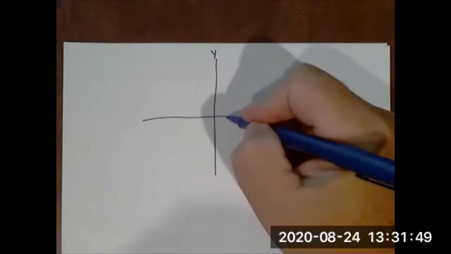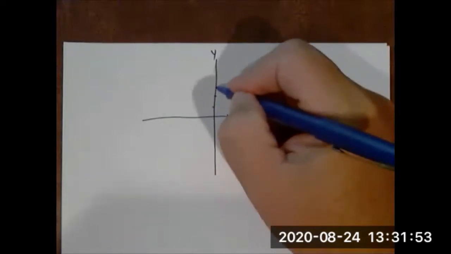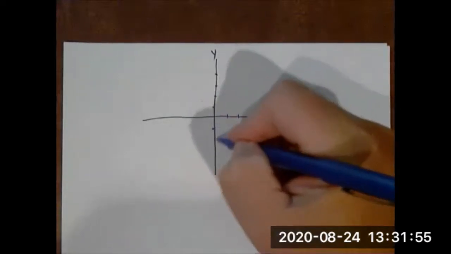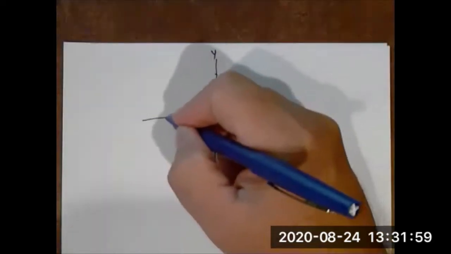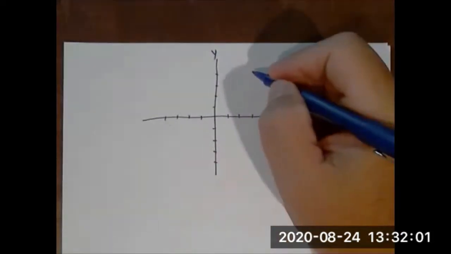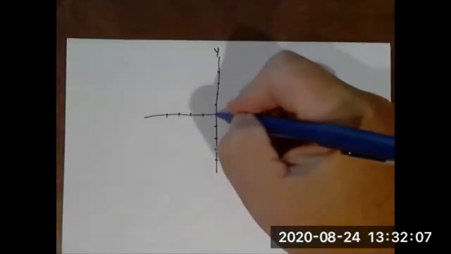Let's go ahead and make some marks here. So I know my vertex is at 0, 0, the origin.